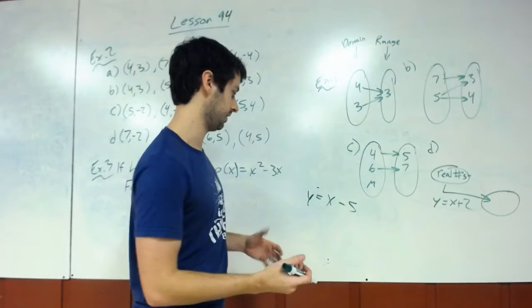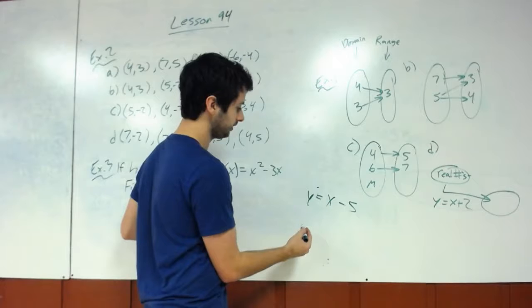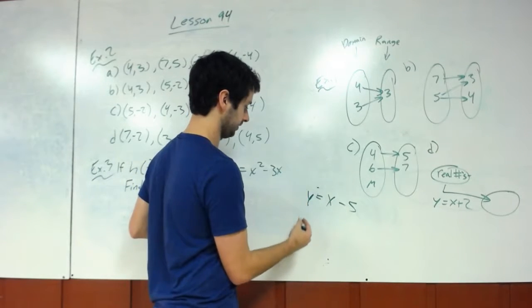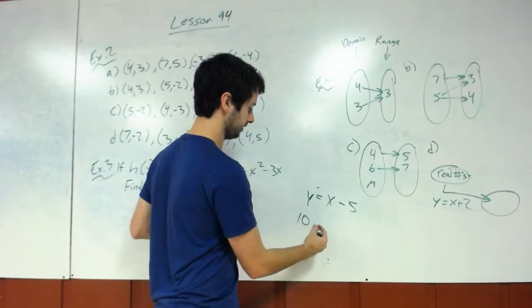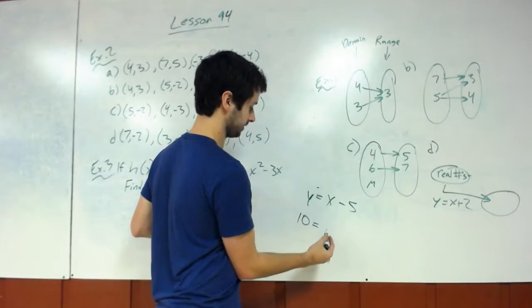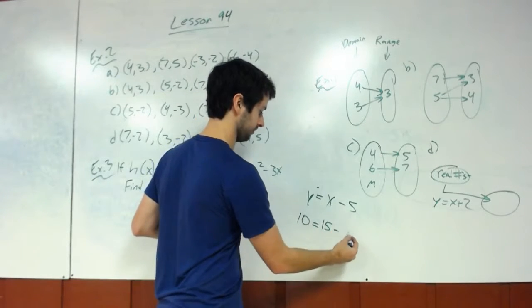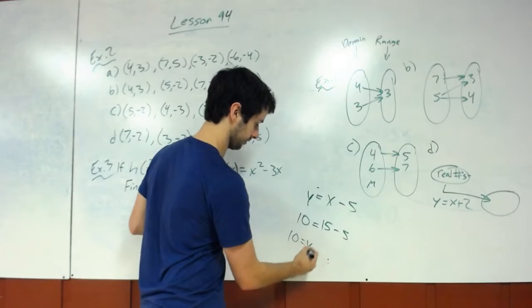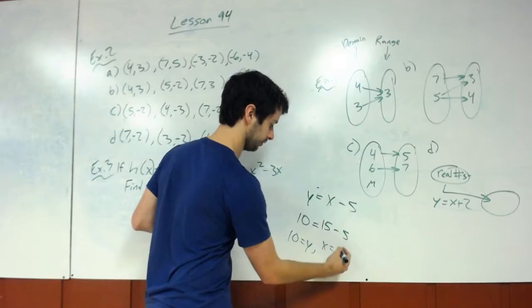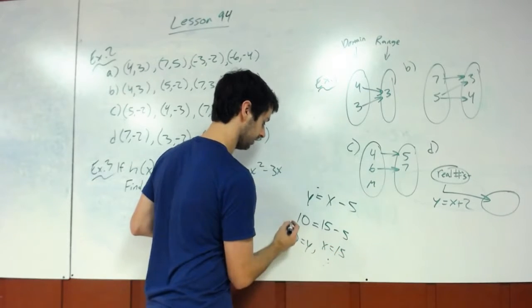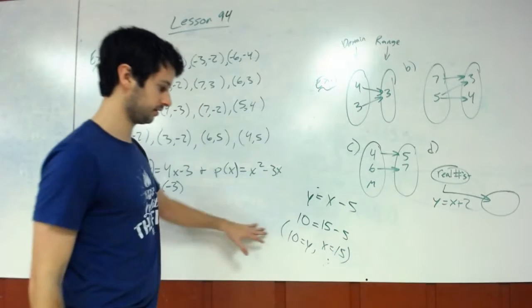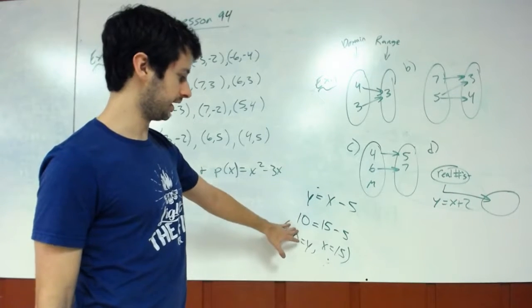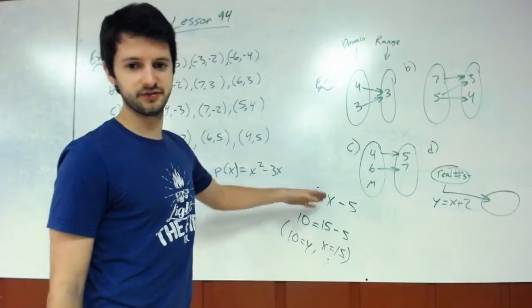Say 10 is y, and then x is 15. So this right here would work. If 10 is y, x can be nothing but 15.